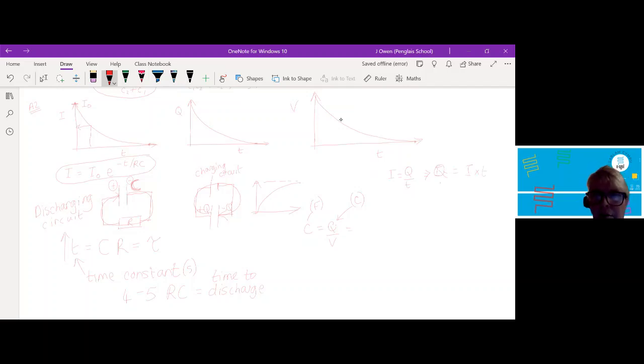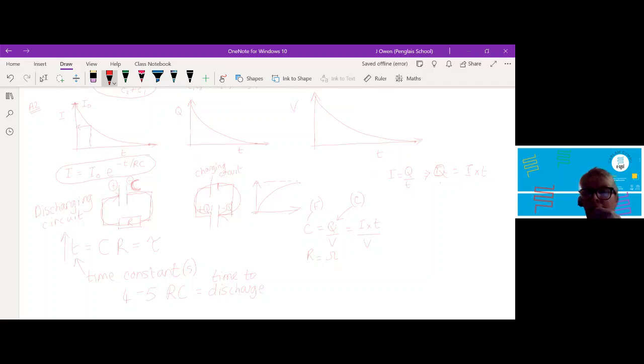Let's play around a little bit with these units. So capacitance equals current times time over voltage. Now, resistance is given in ohms.